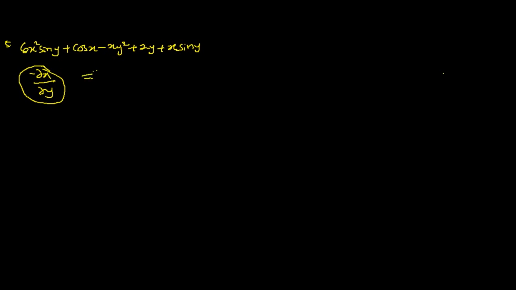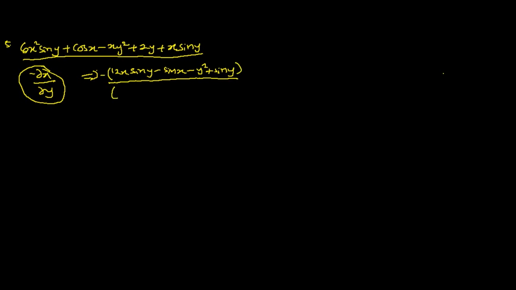Differentiating this function partially with respect to x as the numerator, we are going to have 12x sin y minus sin x minus y squared plus sin y, all divided by, we put minus outside the bracket, differentiating partially this same expression with respect to y.